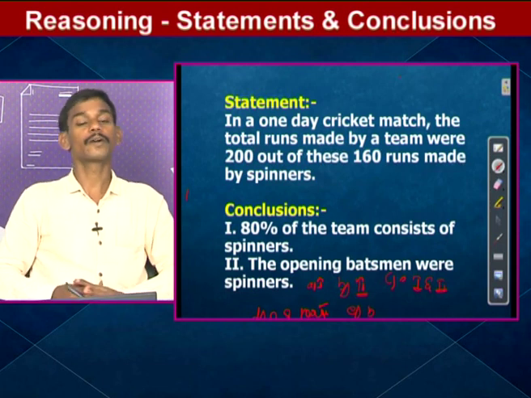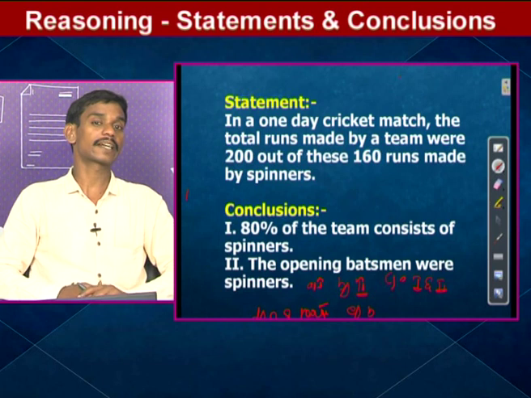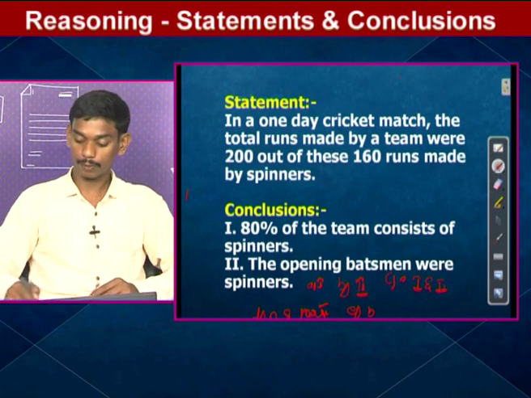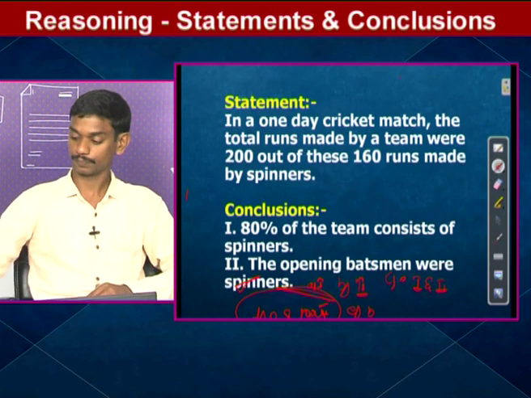So here the two conclusions are not affected by the given statement. So 1 does not follow, 2 does not follow. So what is the correct option? D is the only correct option.